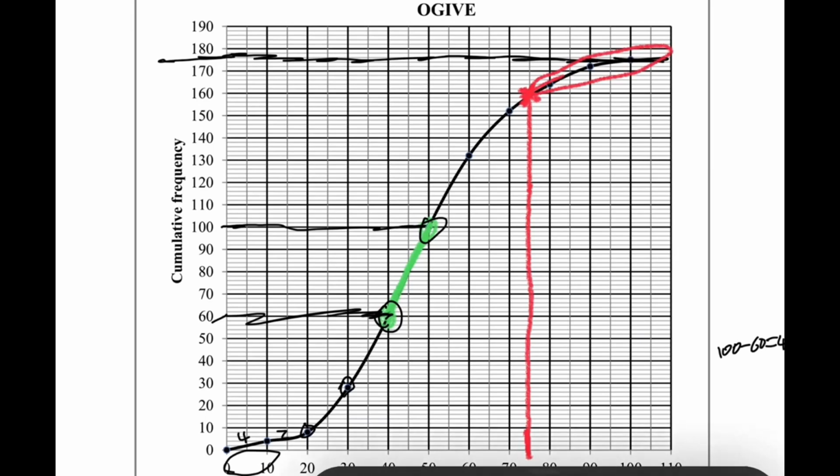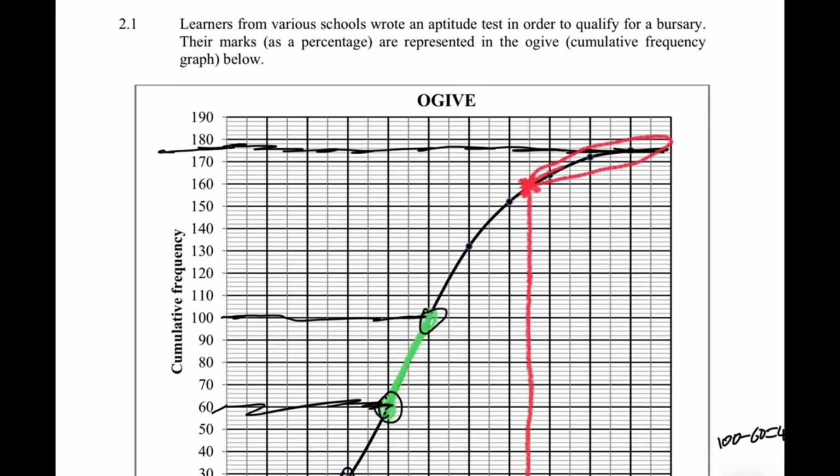So let's find the number of learners who are up there who are going to get the bursary. We already know that the cumulative frequency is 175, right? And then let's subtract the number of people who didn't get the bursary so that we can know the number of people who actually got the bursary. At this point here, going down, no one got the bursary, right? So at approximately 160, we have 175 minus 160. This will give you 15.